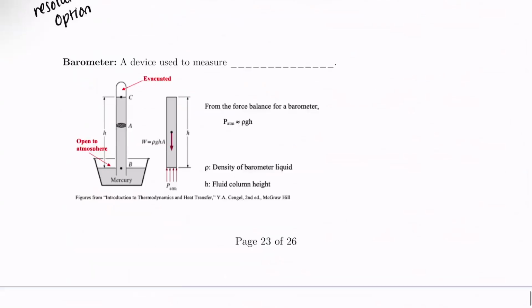Okay. So we're going to start off today talking about barometers. A barometer is a device used to measure atmospheric pressure. And so what we have here is a little cartoon of a barometer.